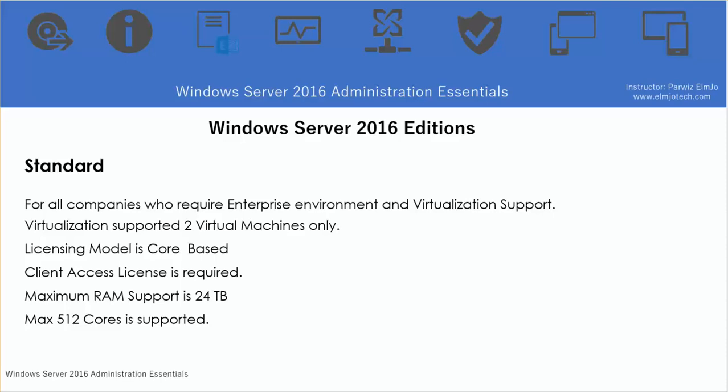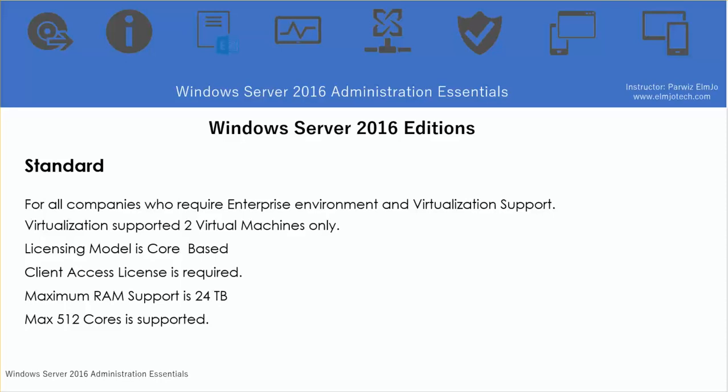So you can only run two virtual machines. If you want to run more, you will have to pay more in order to get additional virtual instances. And licensing is core based, not CPU based. Client access license is required, so you need to purchase client access licenses.